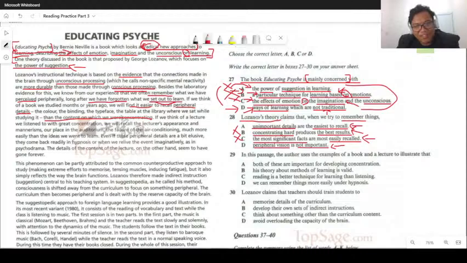So peripheral vision is not important. It doesn't say that. Unimportant details. Yes, it says that, right? Because here, peripheral details, unimportant details. You need to kind of be aware of that, right? Are the easiest to recall. Is it? Let's check. Yes, find it easier. So A has a direct connection with those two.